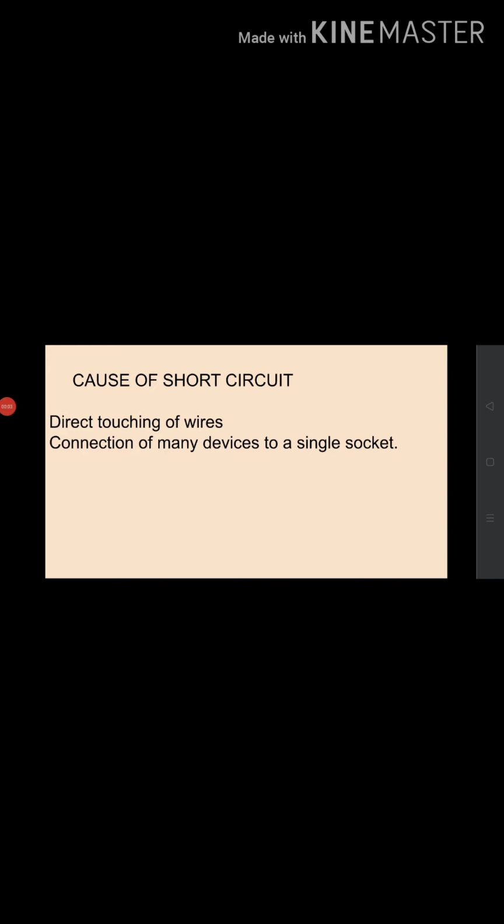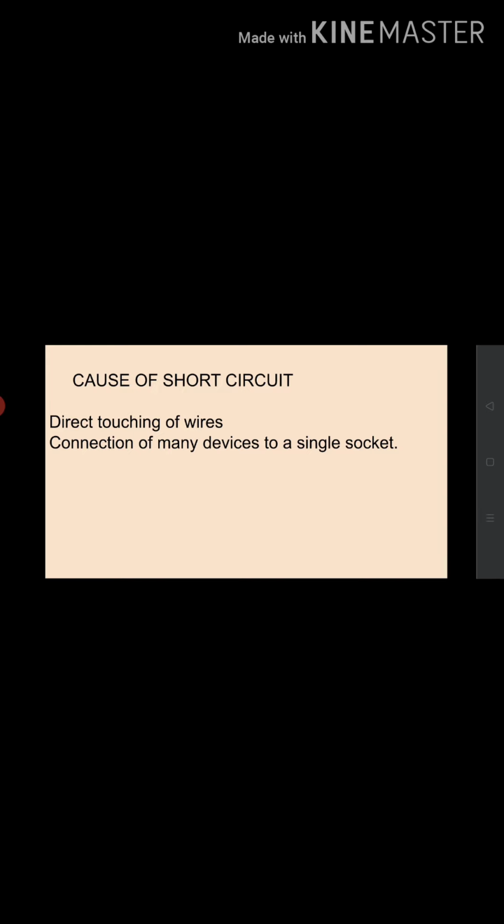You might have read reports in newspapers about fires caused by short circuits and overloads. Now let us find out what the causes of short circuit are. One reason for excessive currents in an electrical circuit is the direct touching of wires. This may happen if the insulation on the wires has come off due to wear and tear.